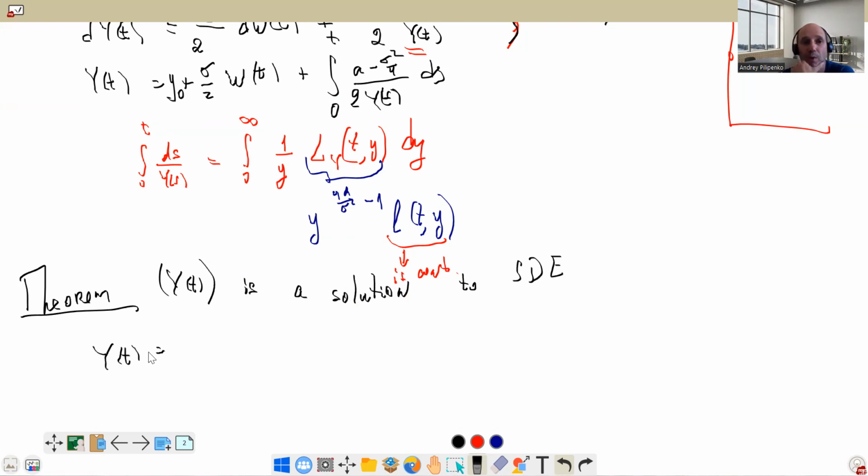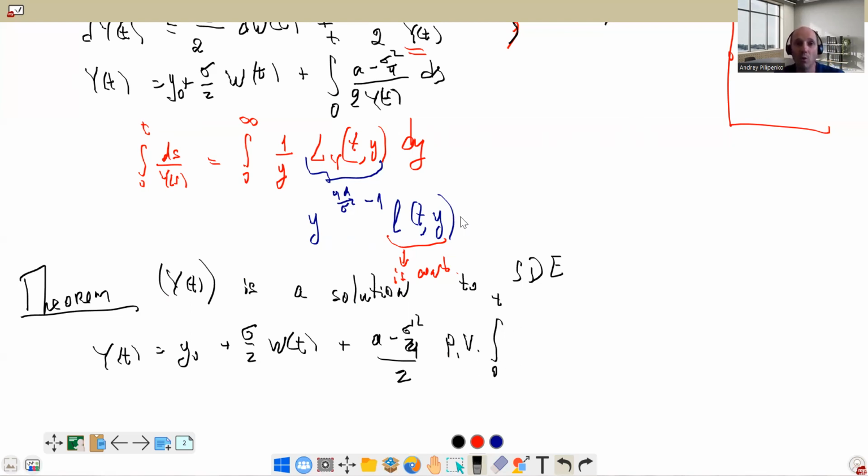Y of t is y0 plus sigma over 2 Brownian motion plus (a - sigma^2/4)/2 times the principal value integral at 0 of this integral ds over y of s, where the principal value of this integral is equal to a regularization of this integral at 0, and regularization has the following form.